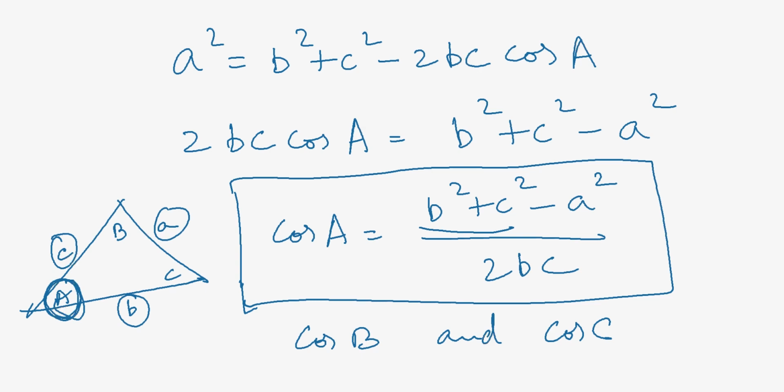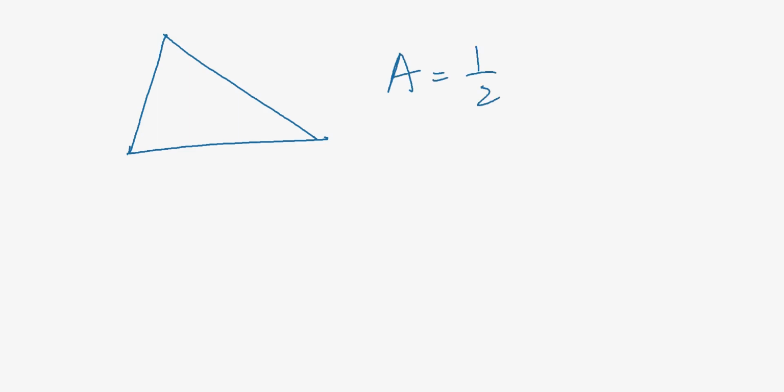Okay. So think about how these things can also help us find the area of a triangle. If you are given a triangle, the area is half into base into height. Let's say the base is b, and we are asking for the height h, but we don't have h.